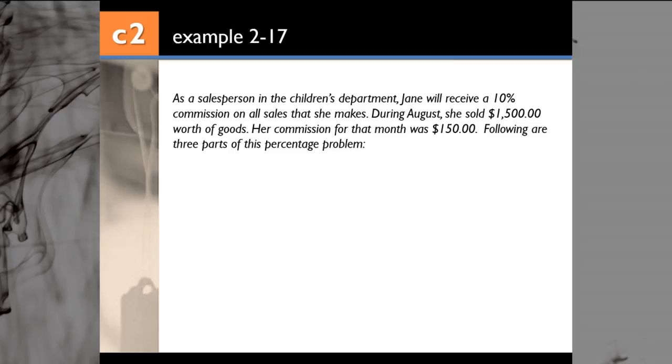So here is the example. As a salesperson in the children's department, Jane will receive a 10% commission on all sales that she makes. During August, she sold $1,500 worth of goods. Her commission for that month was $150.